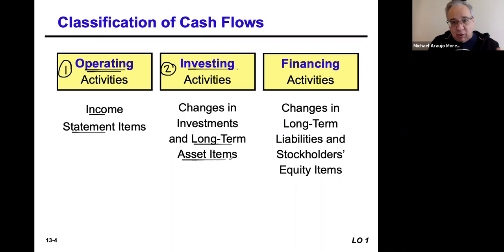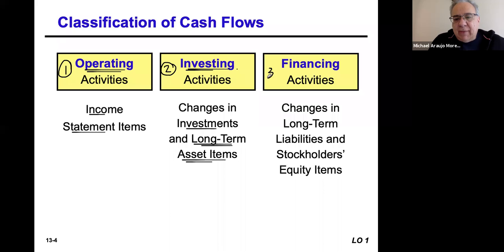And the way you grow is by increasing your sales and getting more customers, right? So you usually do that by putting up more stores or doing other types of things that are property, plant, and equipment based. However, investing activities can also be the traditional way people look at investing, as in I purchased stocks or something like this. So that can happen, but the most important part, I would say, is the property, plant, and equipment.